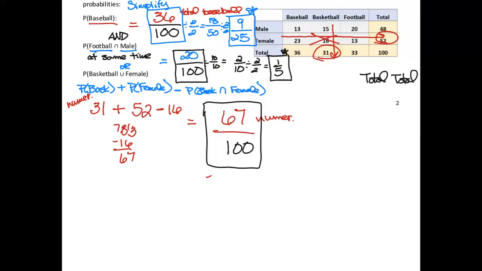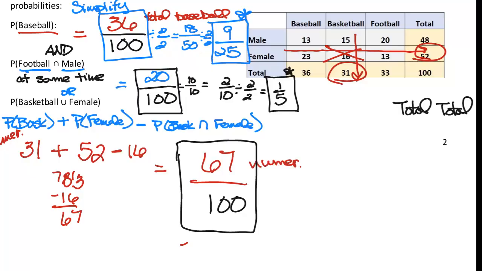If I have an "or", that's a union. I want to have this and I want to have this, but if they have something in common, I can't count them twice. So I subtract what is common to both. And that's how you get your numerator. All right, let's keep going. You guys are doing great.